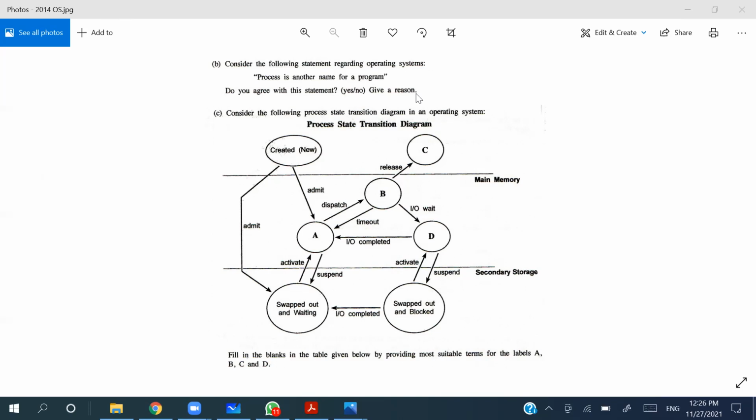Think about the B. Think about the B. Yeah, Osanda, part B is correct. Puta, there is a slight mistake.